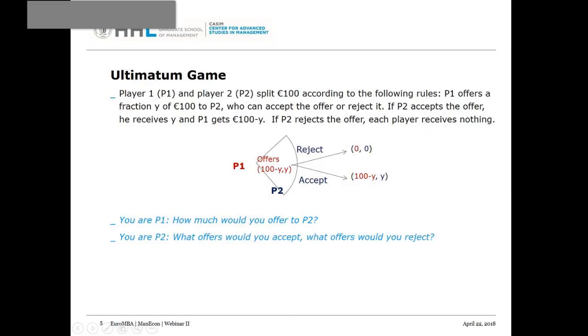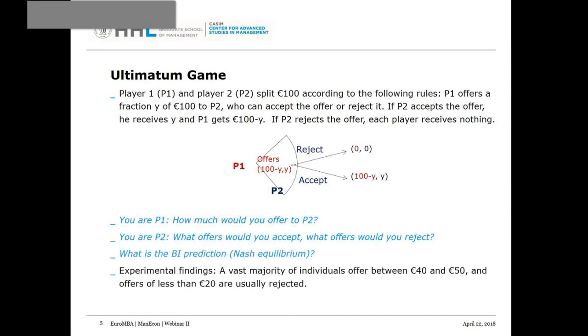So the 2 questions, the way you answered is actually in line with the findings of experimental literature, because it turns out that a vast majority of individuals offers between 40 and 50 euros to the opponent, and offers of less than 20 euro are usually rejected. So we can then compare it afterwards. But this is an interesting thing.